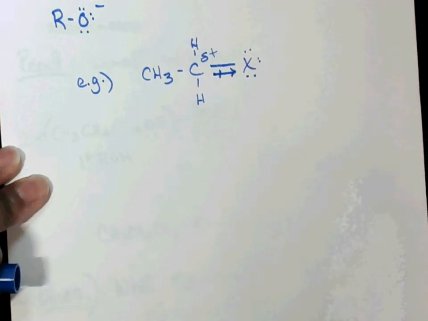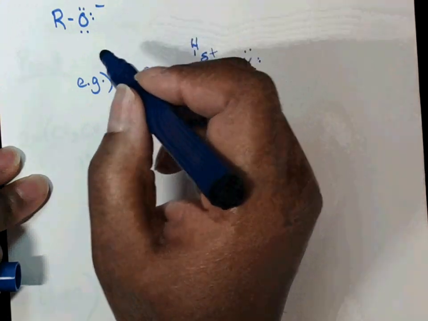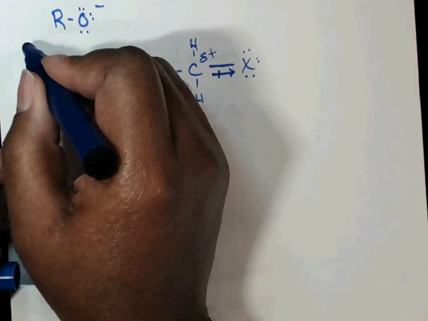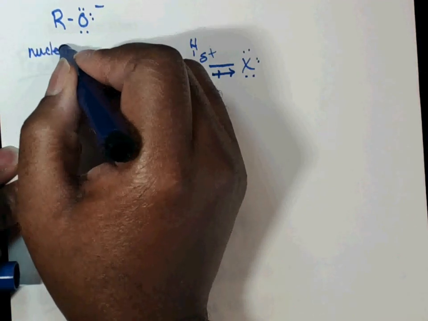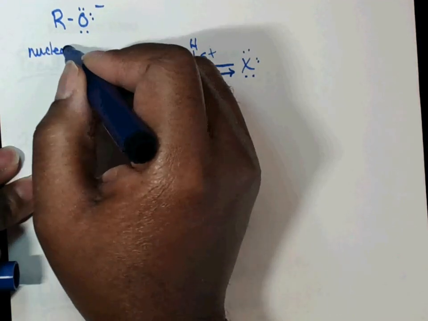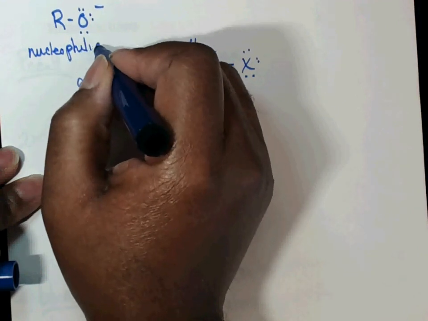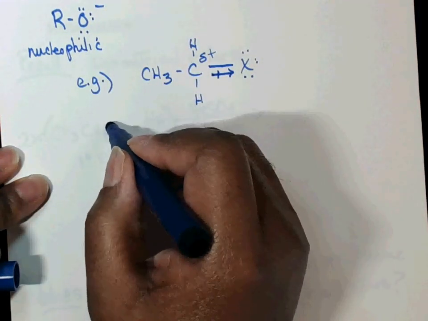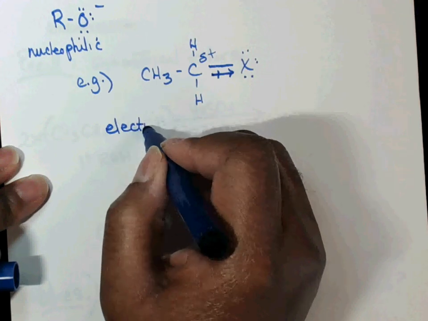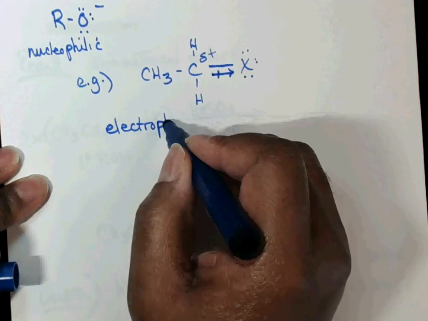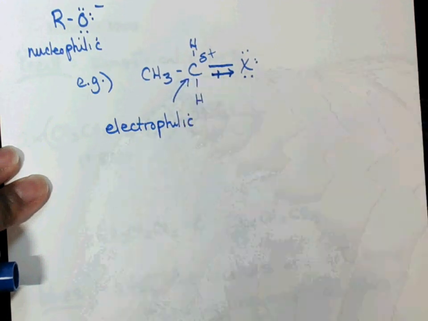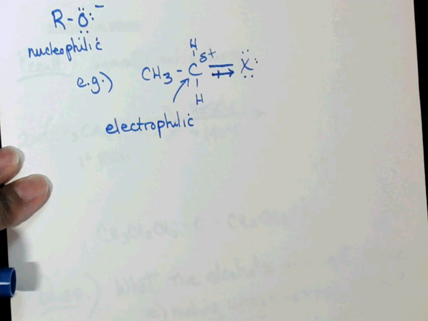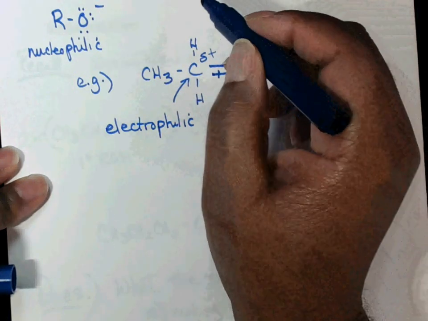Well, the alkoxide is about as nucleophilic as you can get. So I've got an electrophile, and I've got a nucleophile. Yes? Well, what do you think is going to happen?